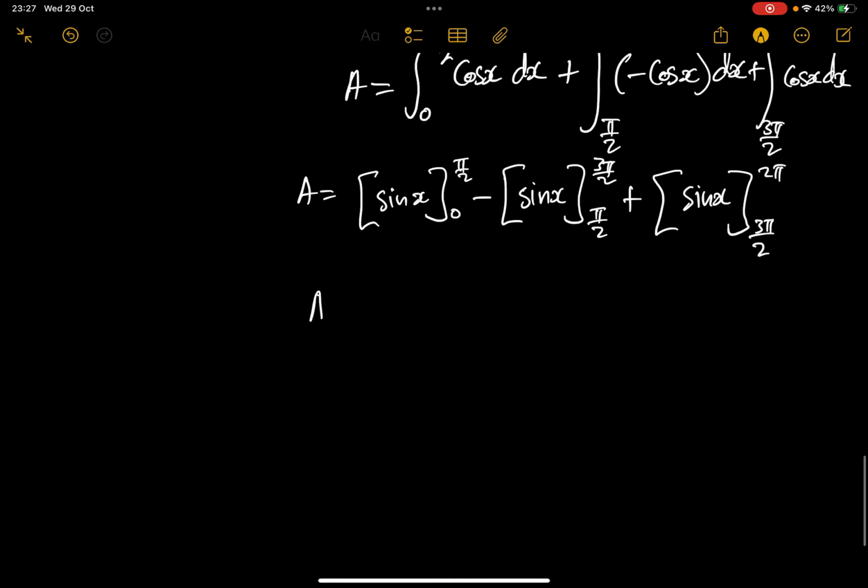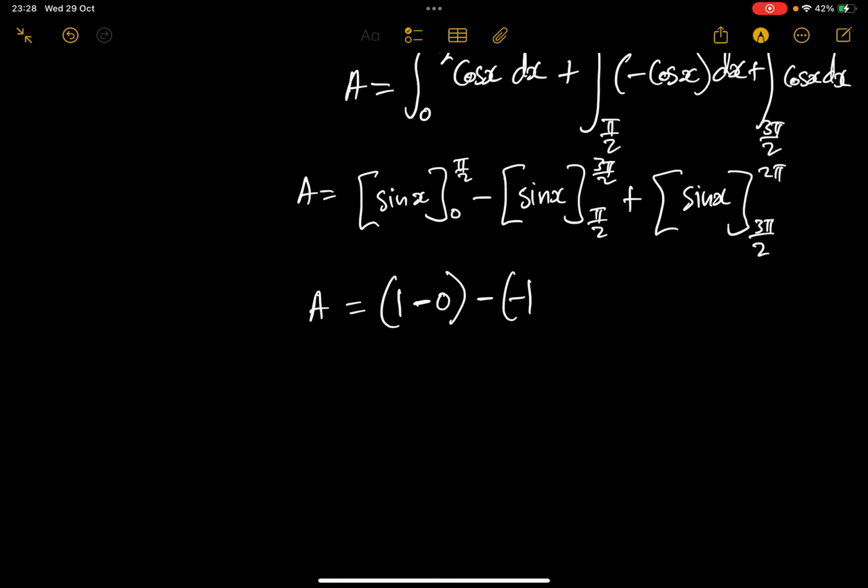So if you substitute here, sine pi over 2 is 1. So it's 1, and then minus sine 0, which is 0. Minus, and then coming back here, you have sine 3 pi over 2, which is minus 1.